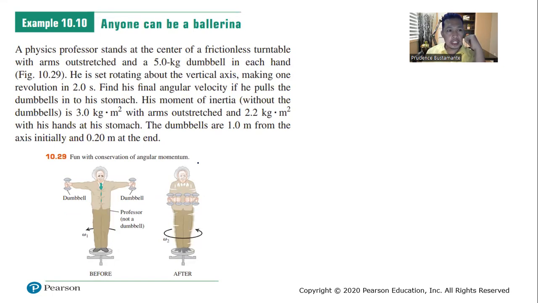His moment of inertia without the dumbbells is 3.0 kilogram meters squared with arms outstretched, and 2.2 kilogram meters squared with his hands at his stomach. The dumbbells are 1 meter from the axis initially and 0.20 meter at the end.